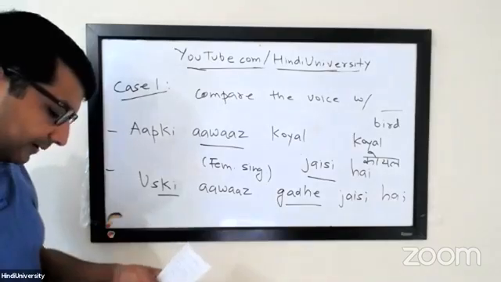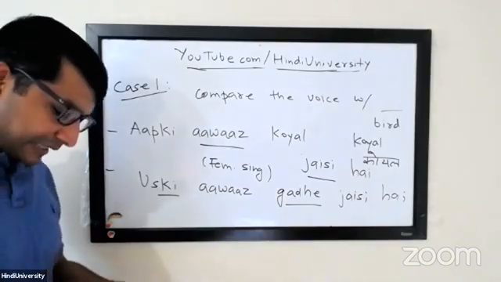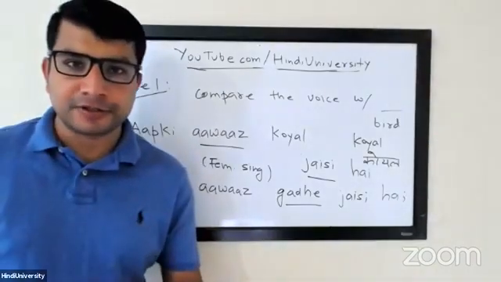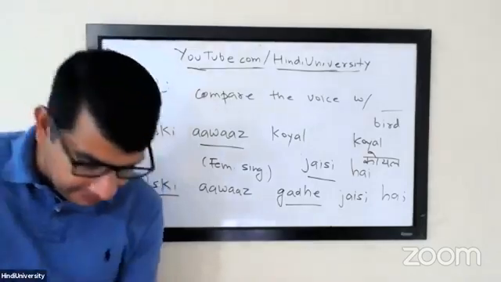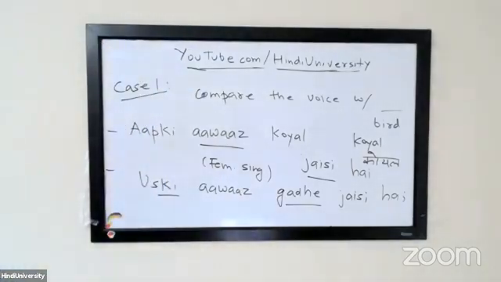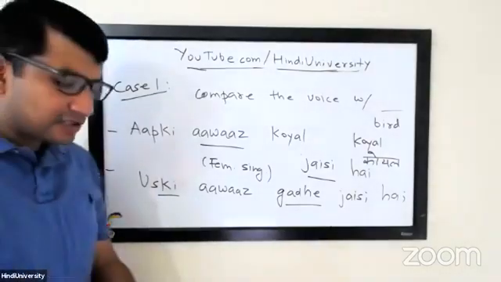I hope this is clear. The homework exercise is basically for you to at least try simple sentences where you're taking any noun and then, right after the noun, you're putting jaisa, jaisi and jaise. That's a very basic one.